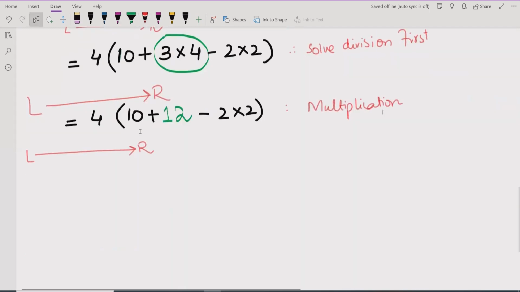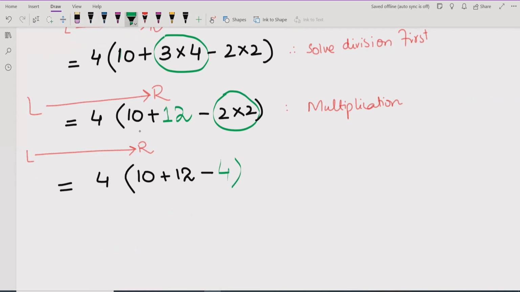Here we have another multiplication, which is 2 multiplied by 2, so we solve this one first. Again going left to right: 10 plus 12 minus 4. Here we give the reference that we solved the multiplication.